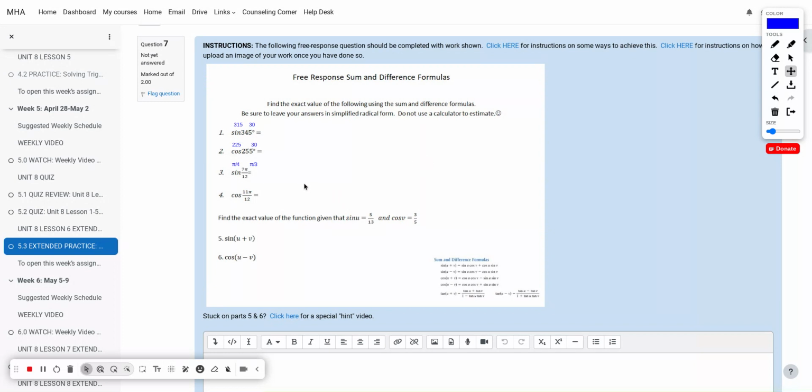Okay, 11 pi twelfths. Now that one I should be able to do myself, I think. Well, let's see, 150 to 300.